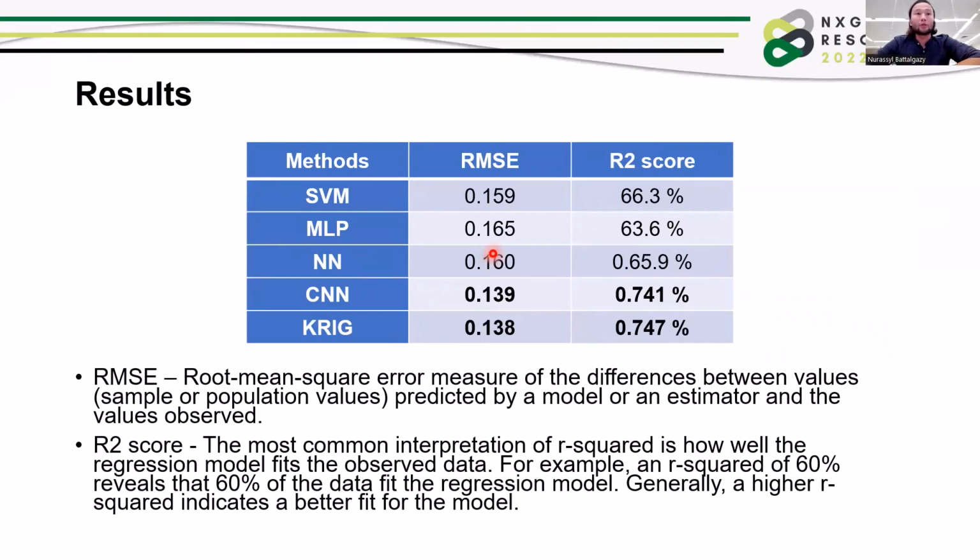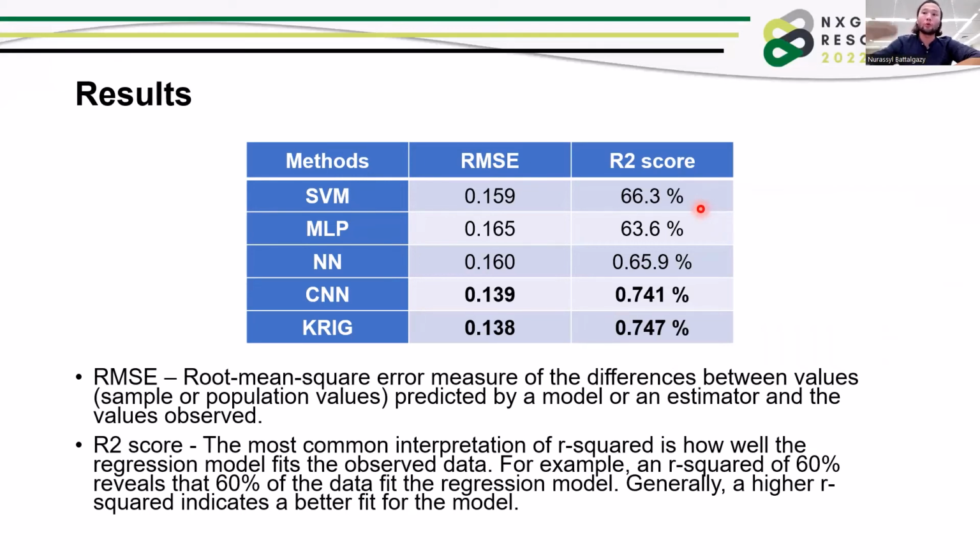And after cutting the waste zone, these are the results, showing the table with the RMSE and R2 score. RMSE is a measure of differences between predicted value and true value, and R squared is a coefficient of determination, which is a statistical measure in a regression model.